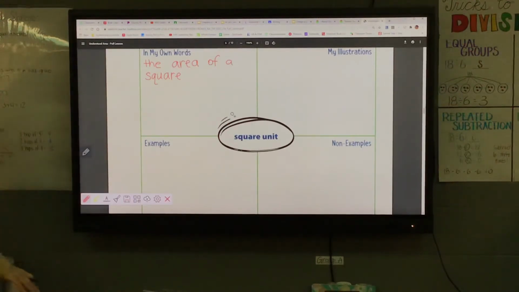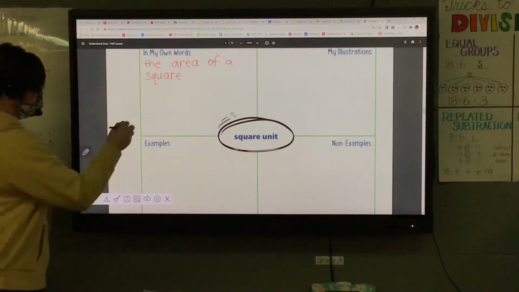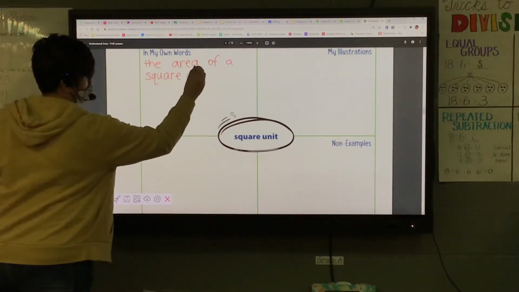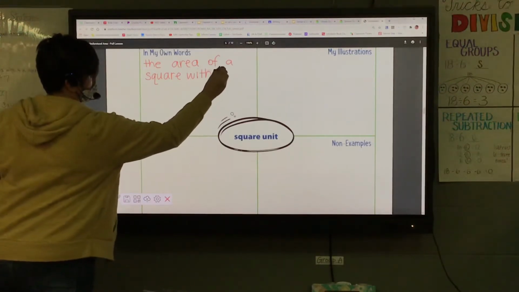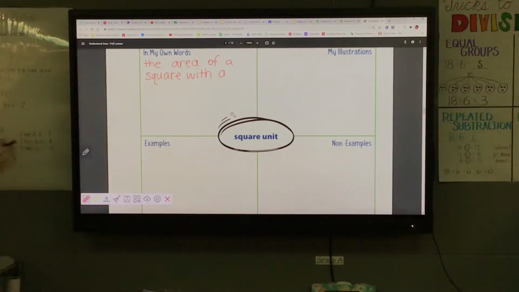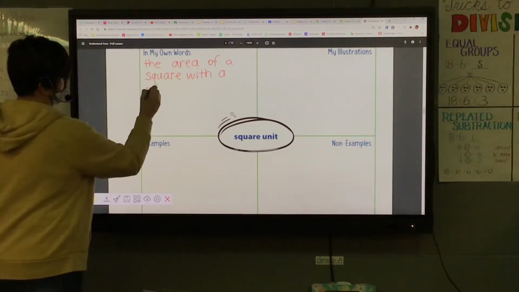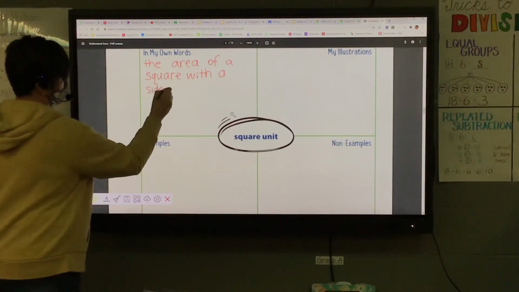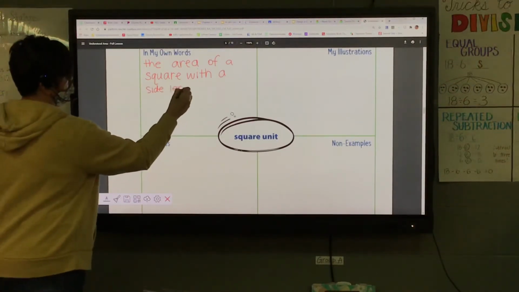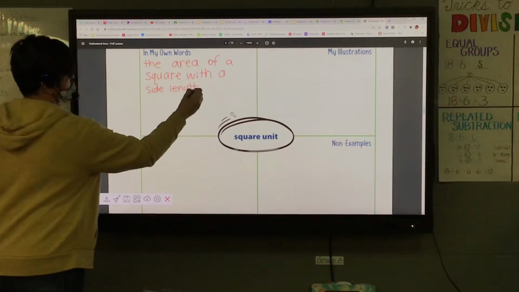Now I'm going to incorporate what Haley had said with a side length, because all the sides in a square are what? The same. Yeah, they're all the same length, aren't they?